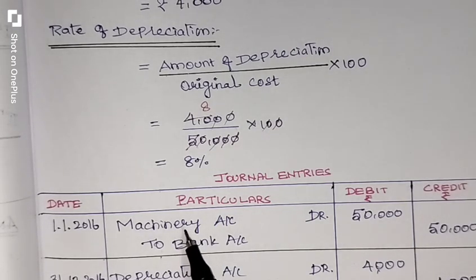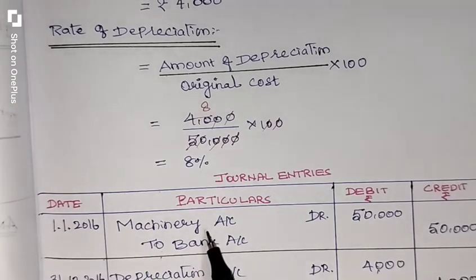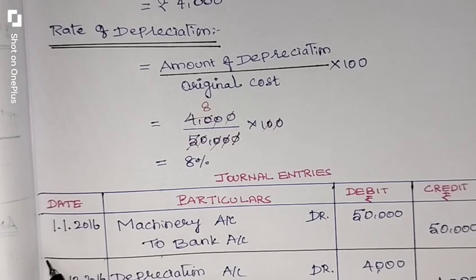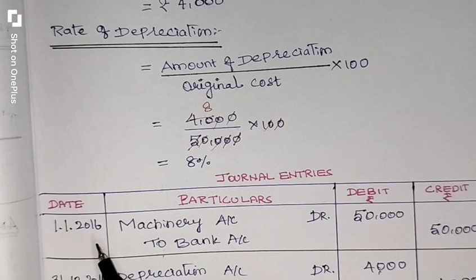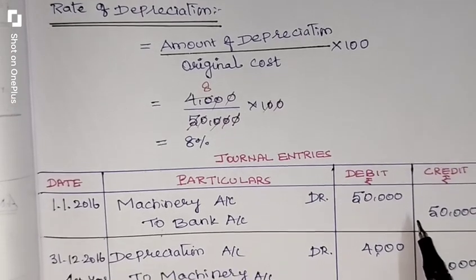So machinery account debit to bank account. Instead of cash account, we have to enter bank account for purchasing the asset. Now you got it? When you purchased the asset on 1/1/2016, that means 1st January 2016, what is the journal entry? Machinery account debit 50,000 to bank account 50,000.